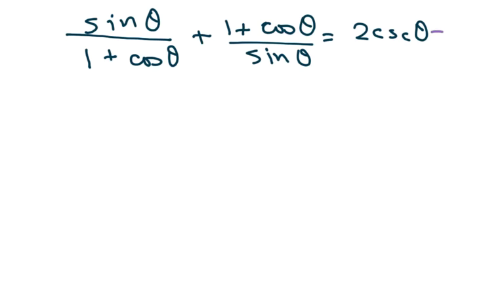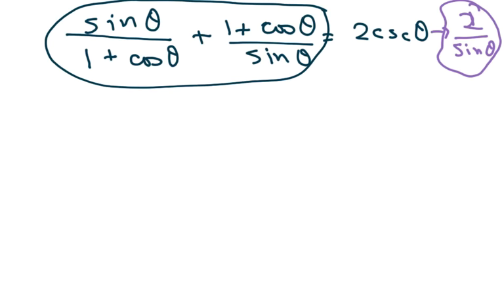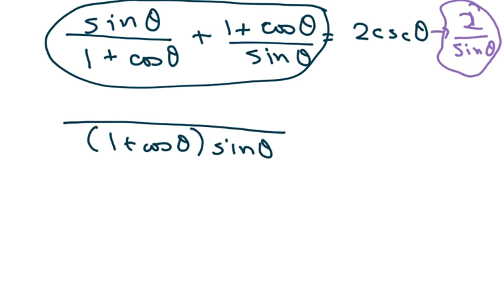Now what we want to know is this is really 2 over sine of theta. So just keep that in mind. I'm going to take this, get my common denominator, which is 1 plus cosine of theta times sine of theta. And I'm going to cross here.